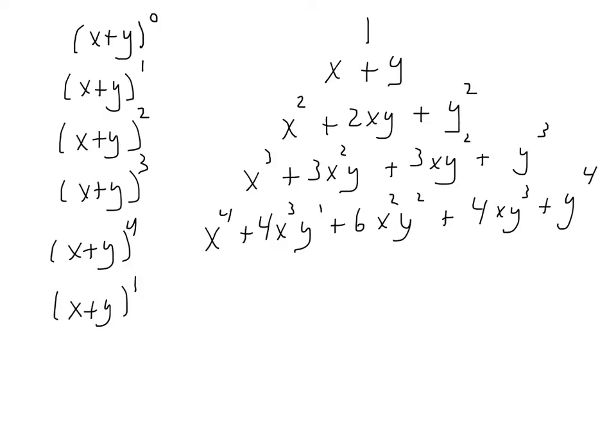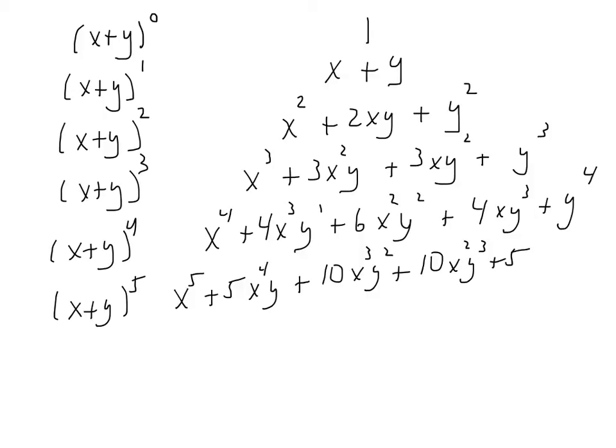X plus y to the 5th is x to the 5th plus 5x to the 4th y plus 10x to the 3rd y squared plus 10x squared y to the 3rd plus 5x y to the 4th plus y to the 5th.